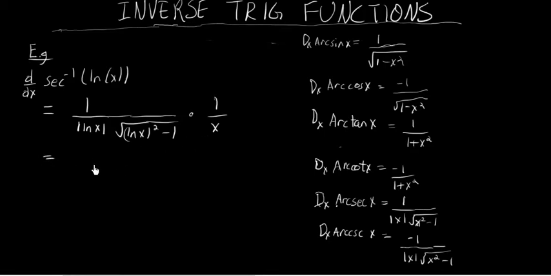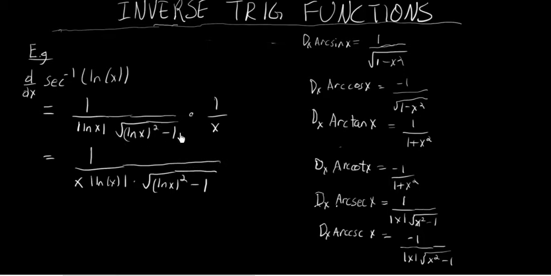So you combine these factors and you get 1 over x times the absolute value of ln of x times the square root of ln of x, quantity squared, minus 1.